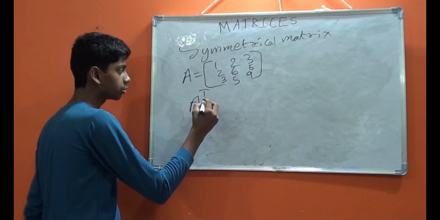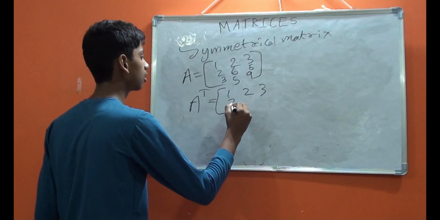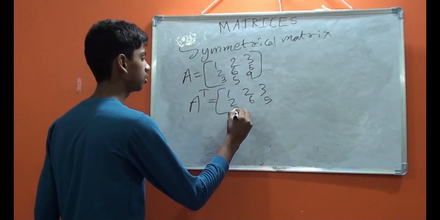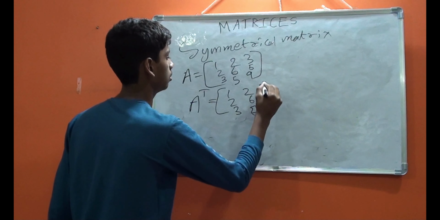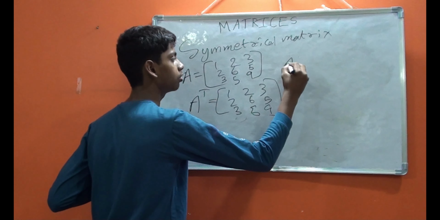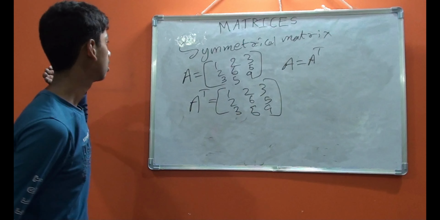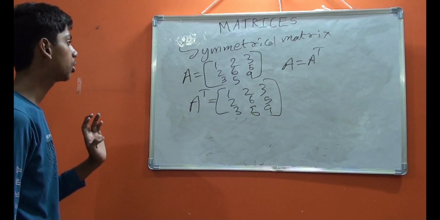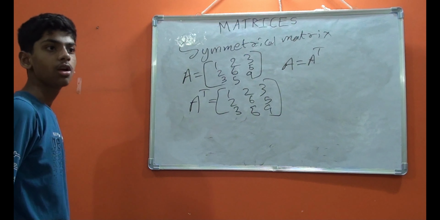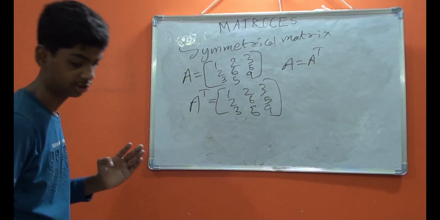So A transpose equals 1, 2, 3, 2, 6, 5, 3, 5, 9. So here A equals A transpose. So a symmetrical matrix is formed when the matrix A equals its transpose.